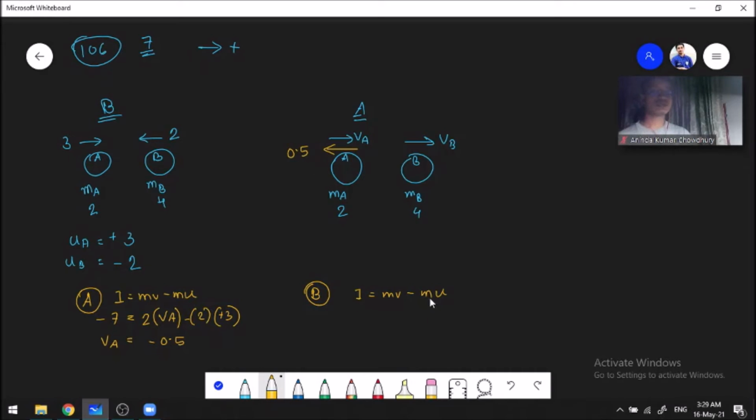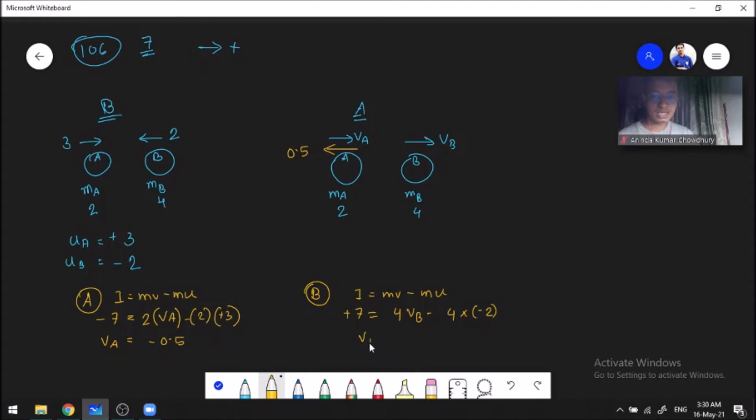Similarly, I can find the final velocity of B. So the impulse exerted on B was positive 7, because A pushed B to the right, and the rightward impulse is positive because the right direction has been taken as positive in our maths. The mass of B was 4, and the final velocity of B was VB, which we don't know. And once again mass is 4, and the initial velocity of B was negative 2.